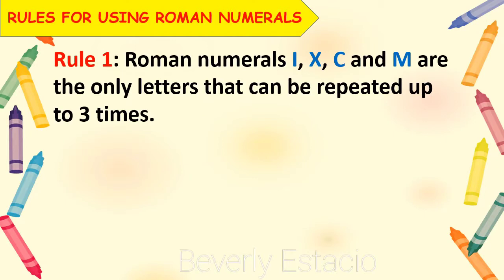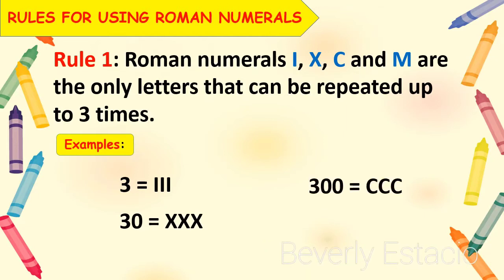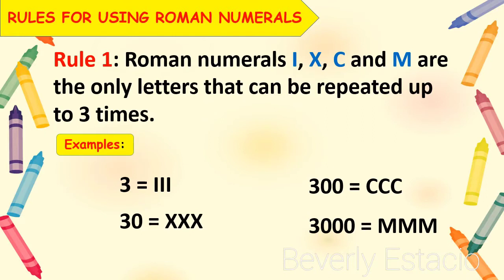For example, 3 is equal to III. 30 is equal to XXX. 300 is equal to CCC. And 3000 is equal to MMM.